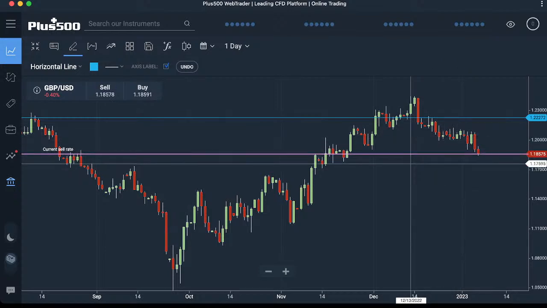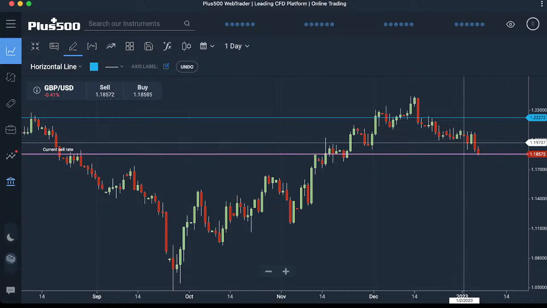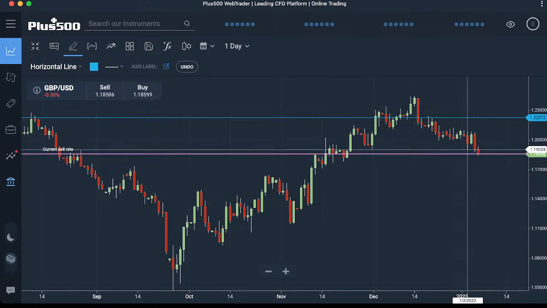And then we can see from the beginning of 2023, price is pushing to the downside and reaching this bullish order block, which is here, as I'm putting this line.